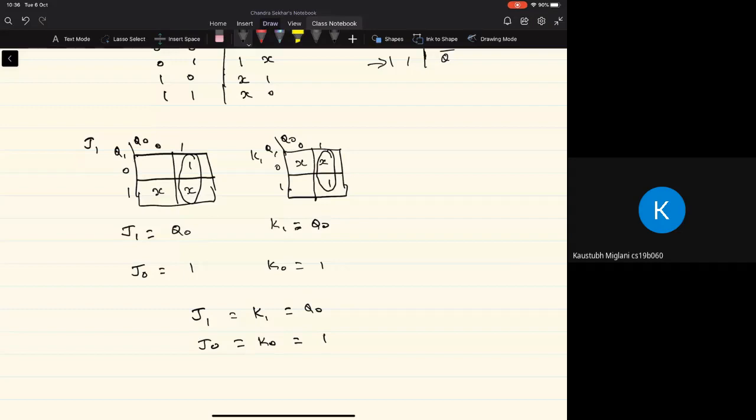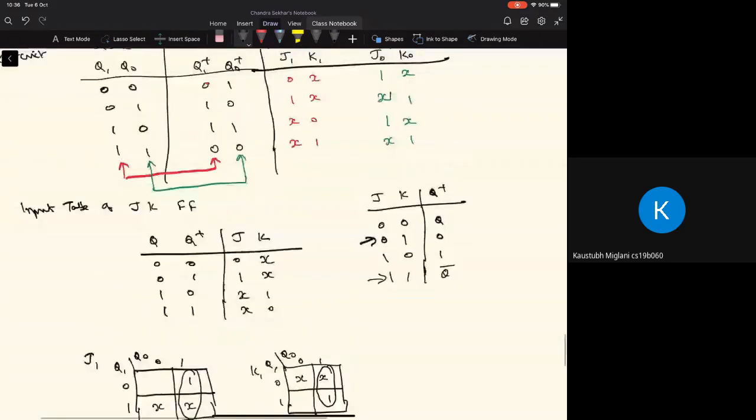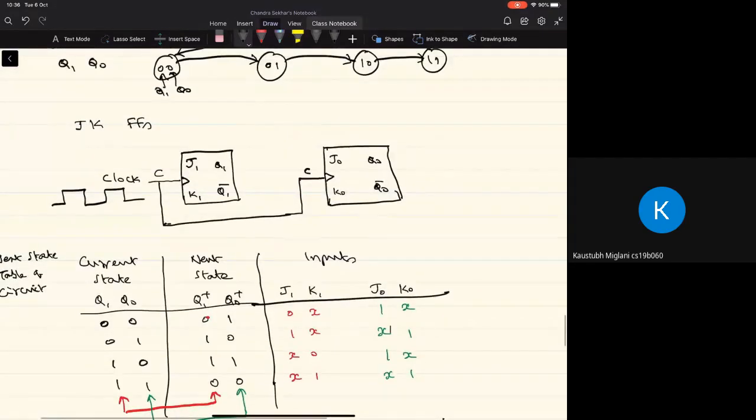So what did we get here? We got the expressions in terms of the current state of the flip-flops, right? That is, J1 and K1 have to be Q0 and J0 and K0 have to be 1, right? So now we plug that into the circuit here. So J1 and K1 will be Q0 and J0 and K0 will be 1.